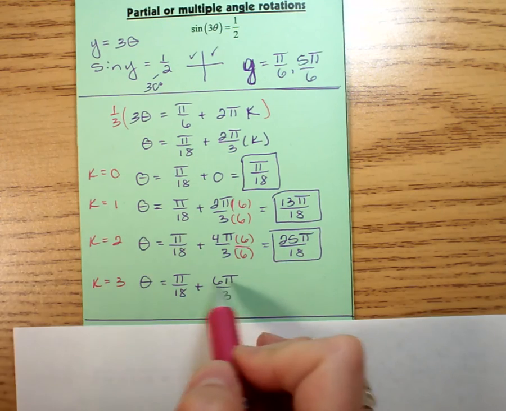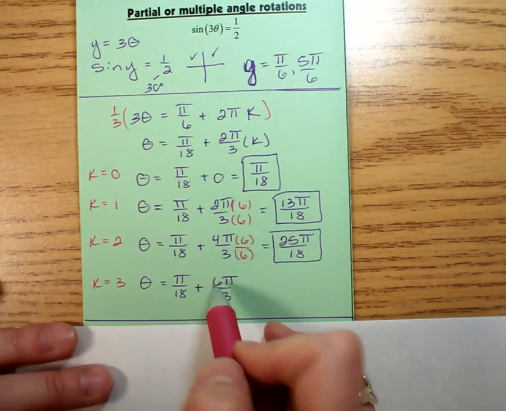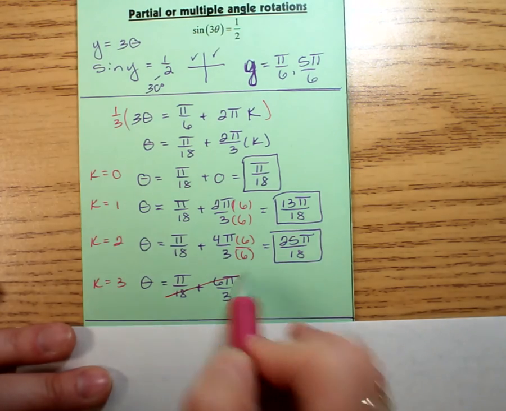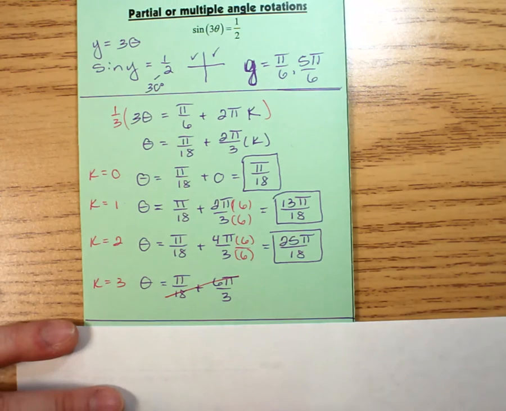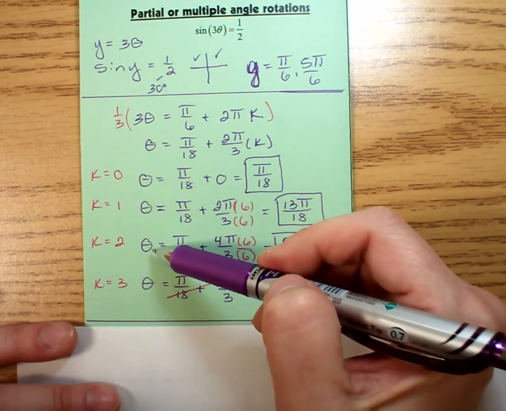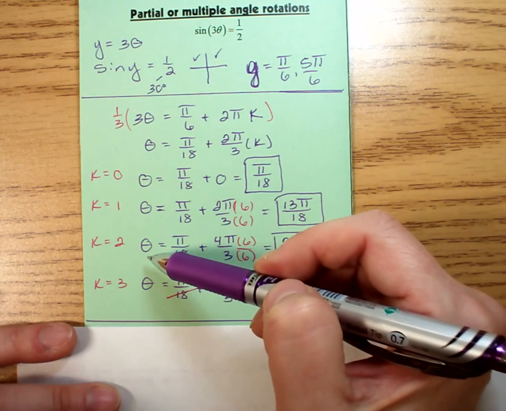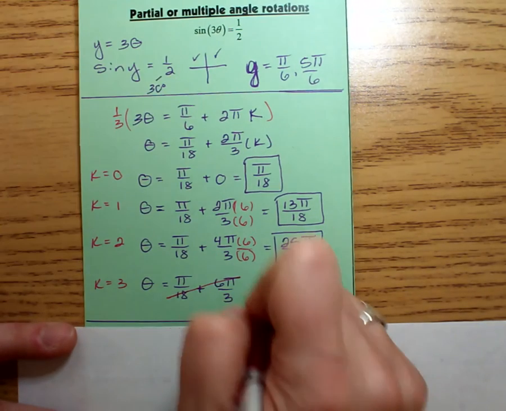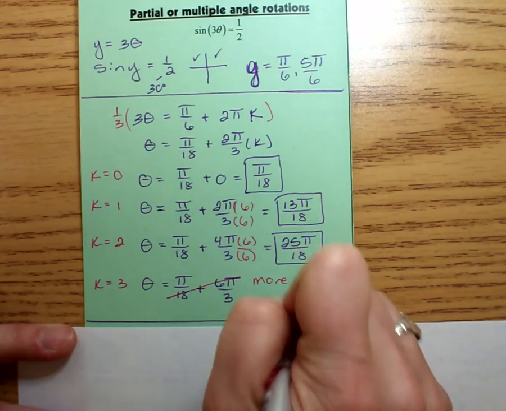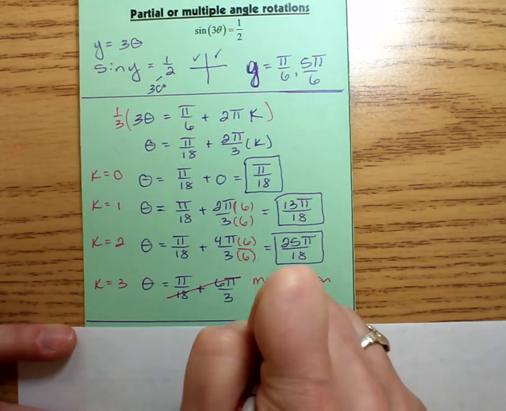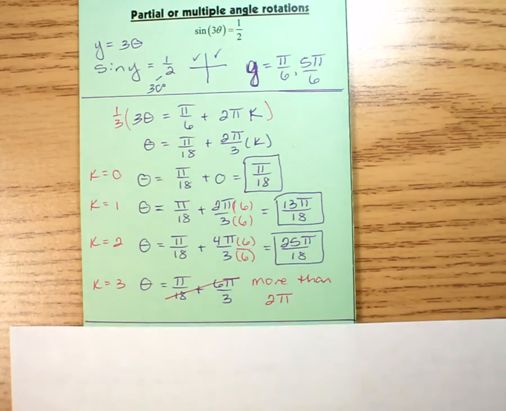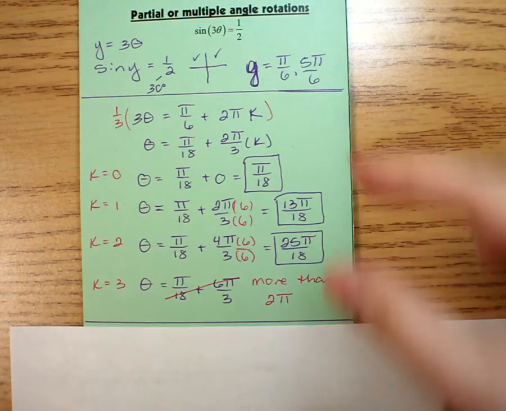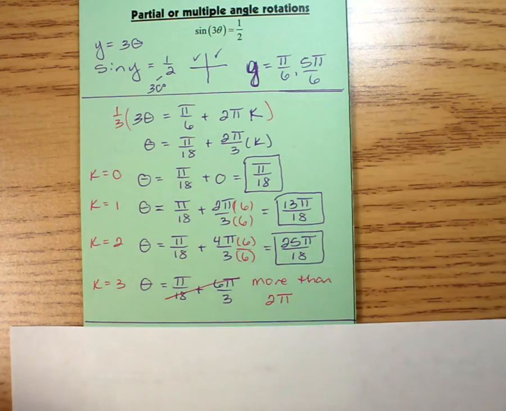So a full rotation, or 2 pi plus pi over 18, is going to be outside the interval of the angles that I want. I want all my theta values to be between 0 and 2 pi. Since that's more than 2 pi, I'm done with that angle. So I found 3 of my angles.